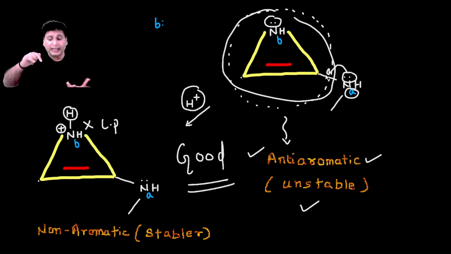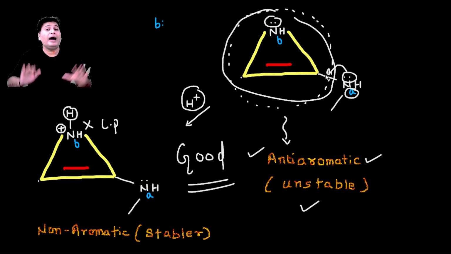However, in the case of B, if the lone pair is delocalized, the anti-aromatic character will come. So it is better to give it to H plus, so that the cyclic conjugation is not completed and anti-aromatic character is not created. So on that ground, you can see that nitrogen B is more eager to give the electrons to a proton.